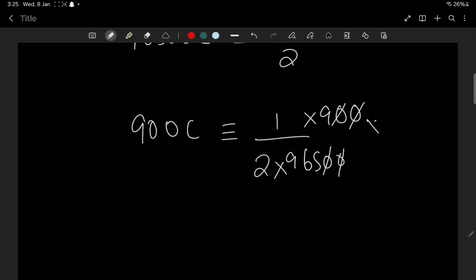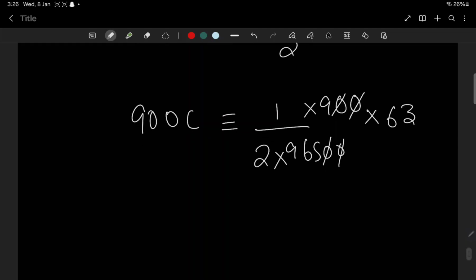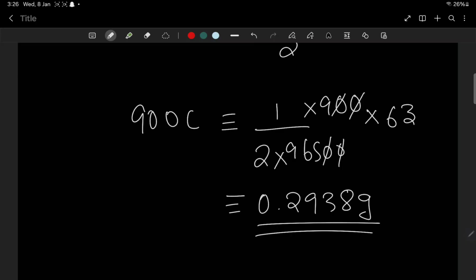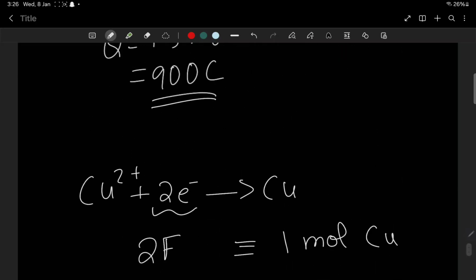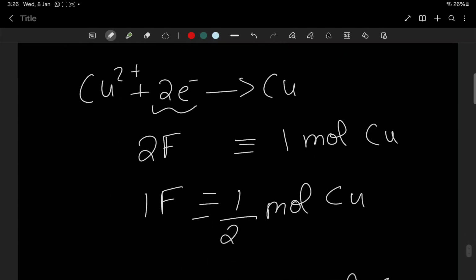You know that the number of moles into molar mass will give us how much gram is deposited. What's the molar mass? It is 63 gram. You multiply it with 63, you get the answer to be 0.2938 gram. So the questions will come in this manner itself. This is the manner of asking question.